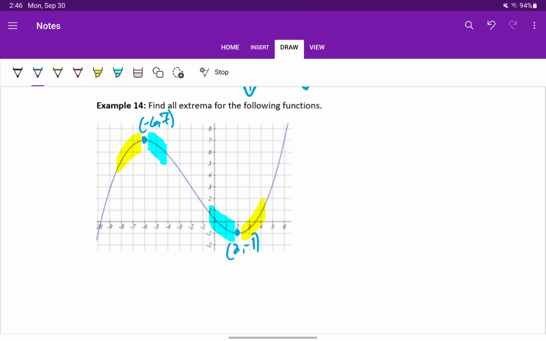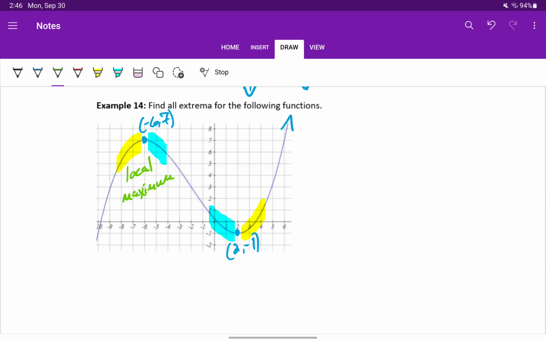(-6, 7) is a point where our function is taking on a larger function value than any others around it. So we would refer to this as a maximum, but it's not the largest point overall because our function keeps increasing over on the right-hand side. Since it's not an absolute maximum, we'll refer to it as a local maximum.